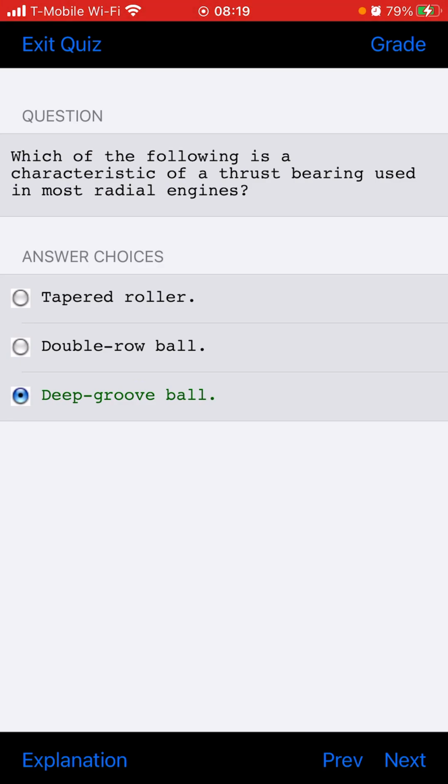The cylinder pressure applied to the crankshaft through the connecting rod bearings is determined by the compression ratio of the engine and the manifold pressure. If the manifold pressure at a given RPM is increased, the bearing load imposed on the crankshaft will increase.